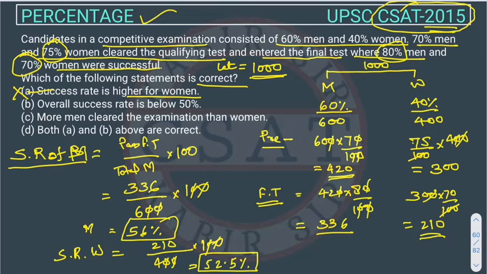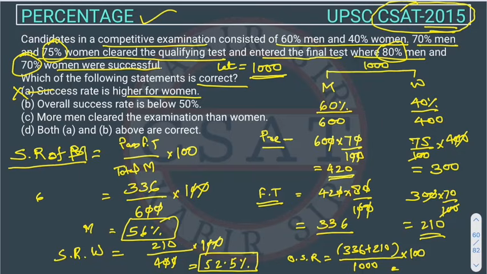Overall success rate will be the total candidates who pass the exam, that will be 336 plus 210. And what was the total number of candidates who appeared in the exam? 1000 into 100, right? I have less space here, so I am solving it here.